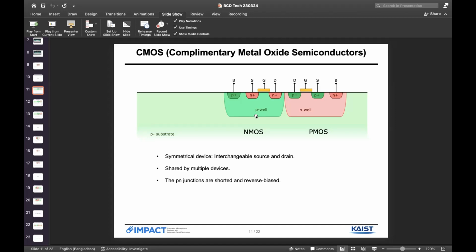P plus is highly P doped, like highly doped with holes. And P well is moderate. And P substrate is light. You mean P plus is the most doped, and P well is moderate, and P substrate is the lightest. Yeah.